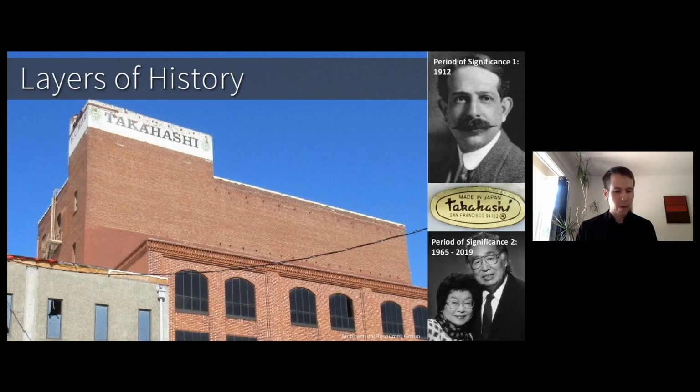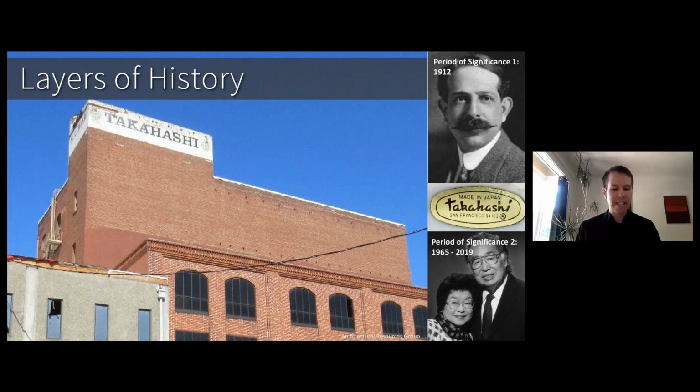However, through CEQA review, we also determined an additional context as it was under the long-term ownership of prominent Japanese American entrepreneurs and philanthropists, Henry and Tomoye Takahashi. The Takahashi family had been displaced from their original Japantown location in the 1960s through the city's redevelopment efforts.